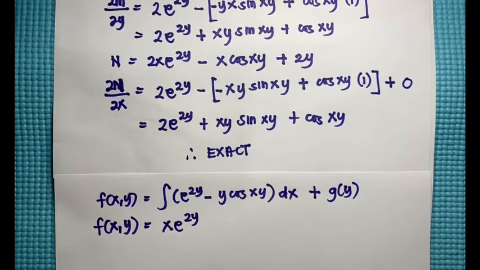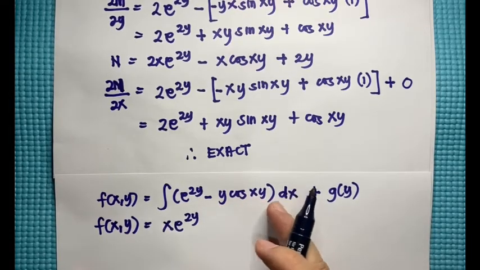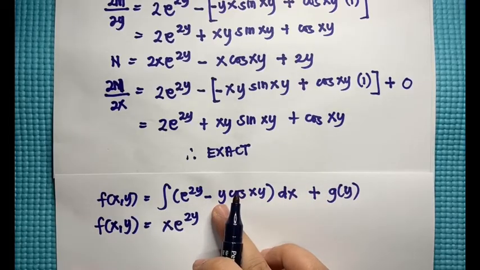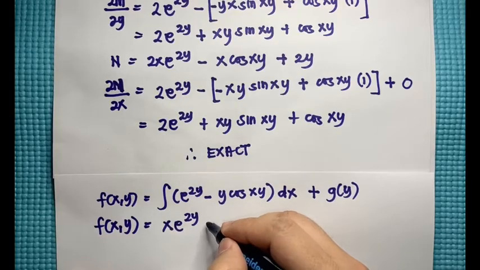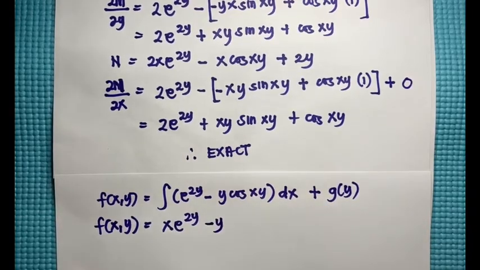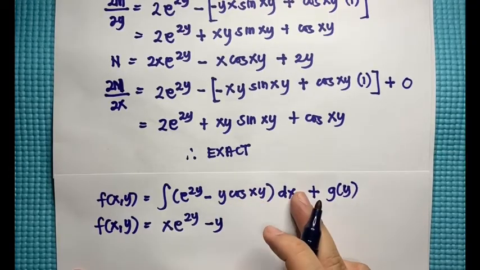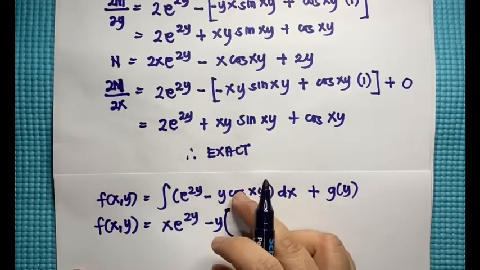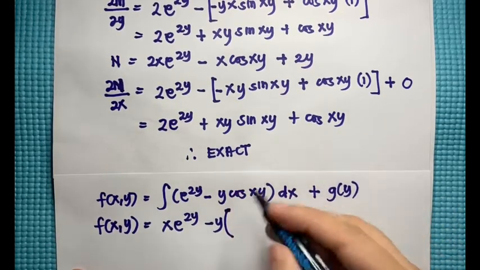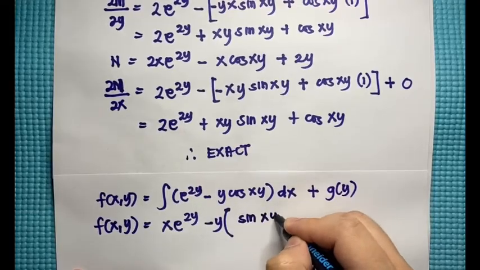And next, we have negative y cosine xy dx. y here is constant, so we could move that out. I could right away write negative y, and then we integrate cosine xy dx. The integral of cosine is sine, that would be sine xy.